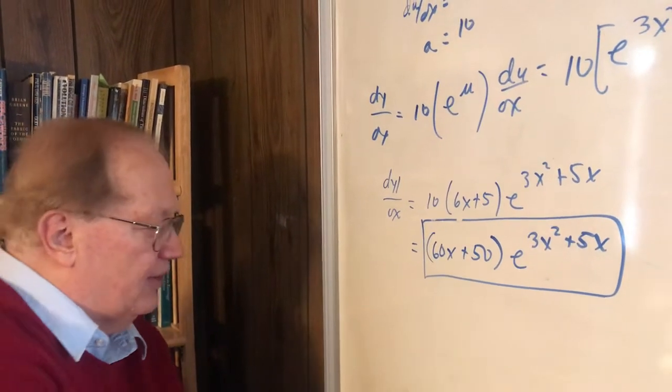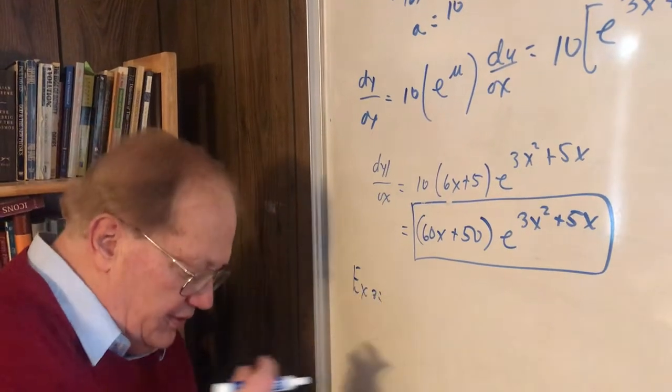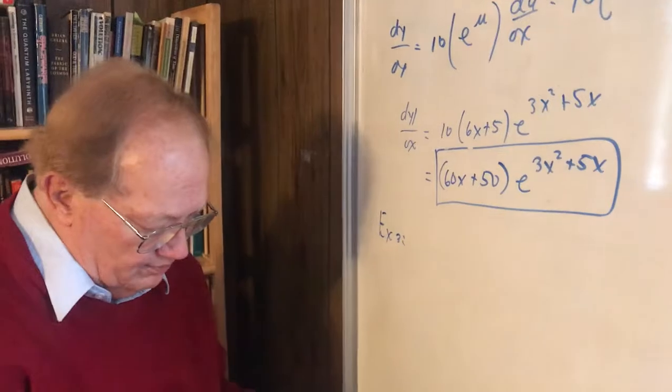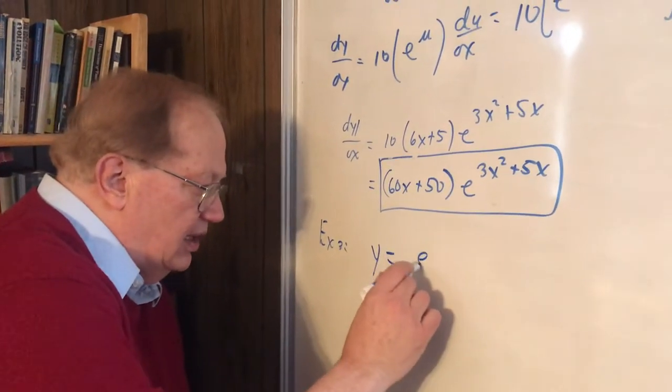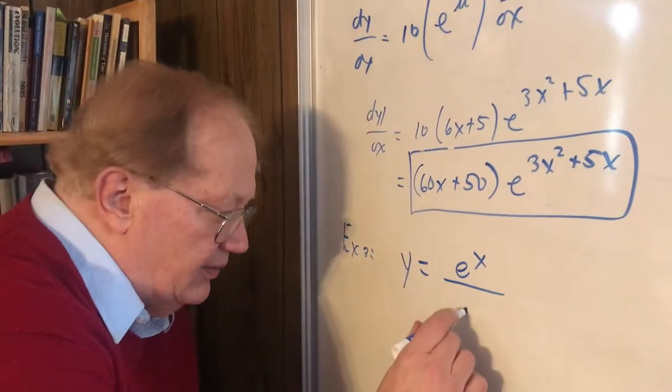All right, let's take another example. This one's a little bit more difficult. And let's see if you can figure this one out. Y equals e to the x divided by e to the 3x.